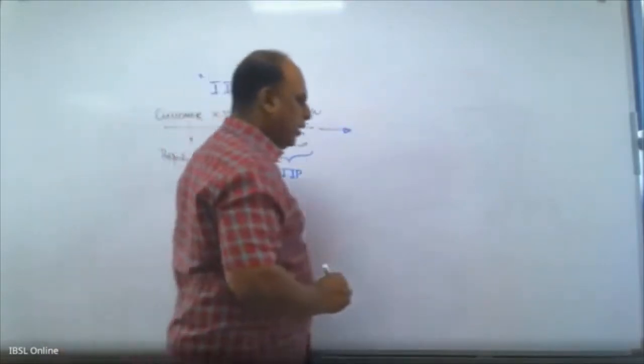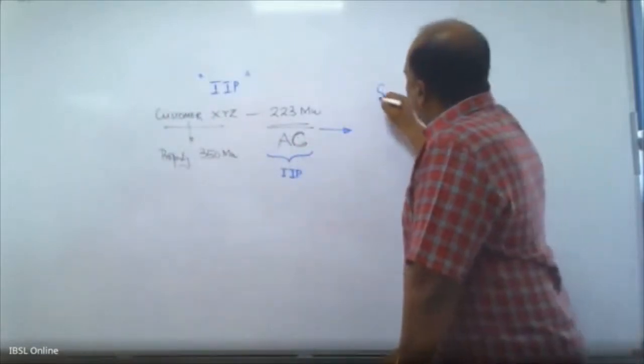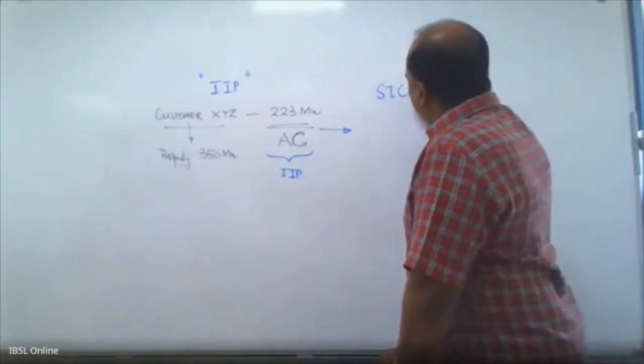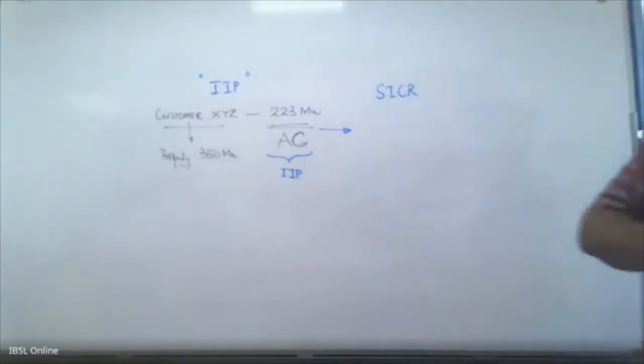I will check whether this customer has significant increase in credit risk, whether the customer's credit risk has increased. Initially when I gave the loan, no problem, this customer was doing well.